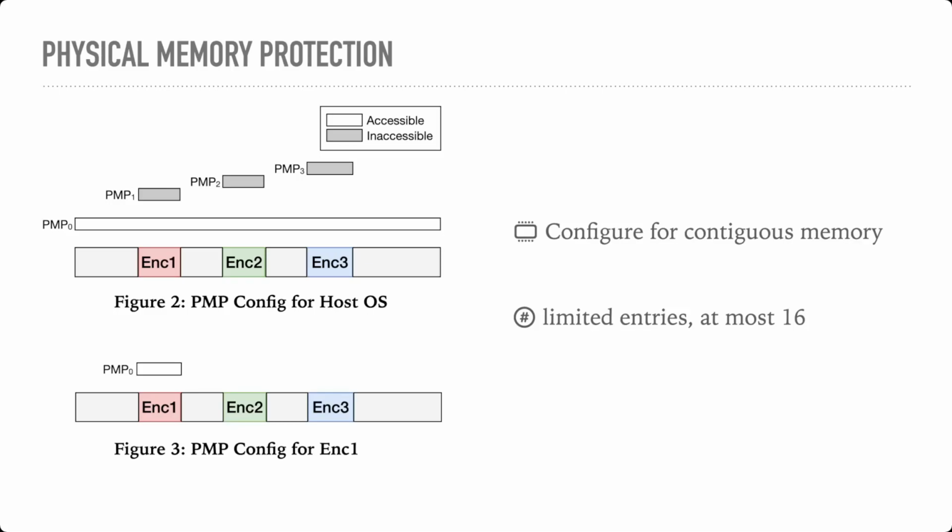And when the CPU turns to an enclave, say enclave 1, it only needs one PMP entry to cover the enclave memory. So the PMP is really powerful and handy, but it has a limited number of entries. From the RISC-V standard, it can only support at most 16 entries.